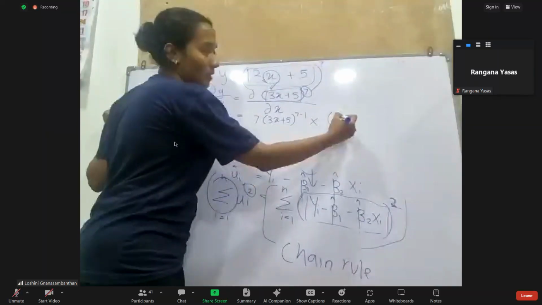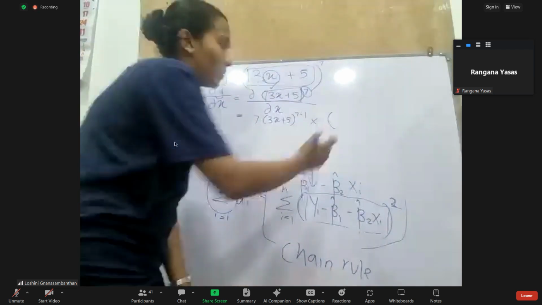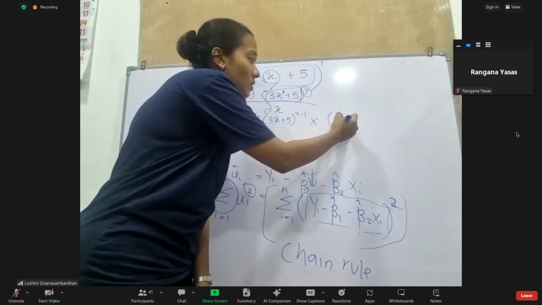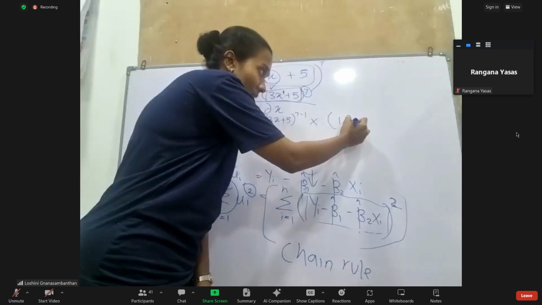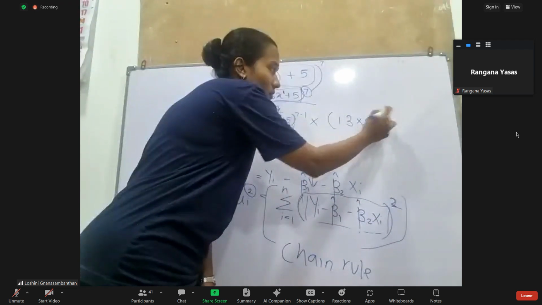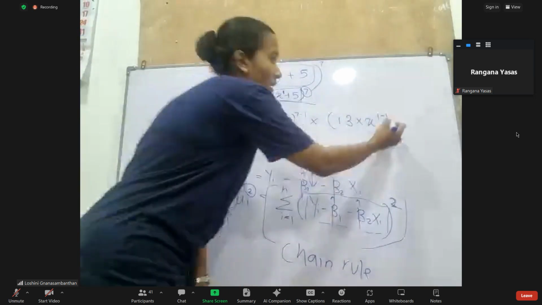So 3x. No, like this. So the 1 will come here and 3 into x to the power 1 minus 1. Okay.